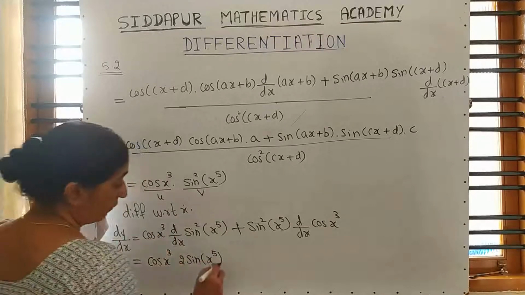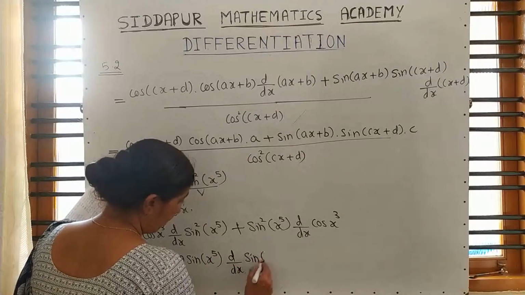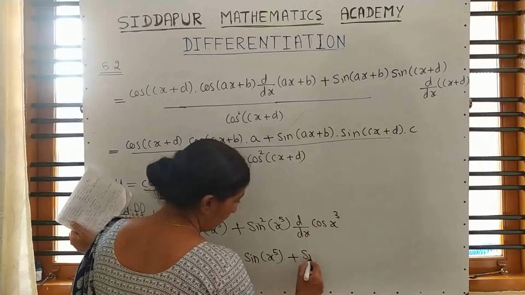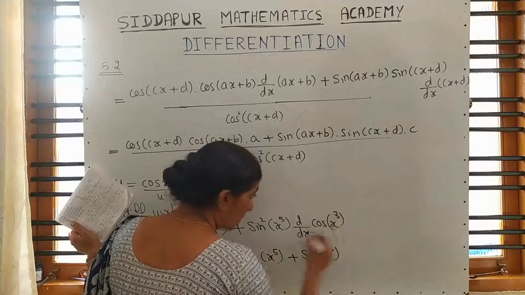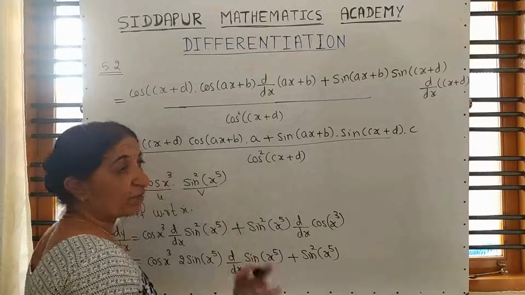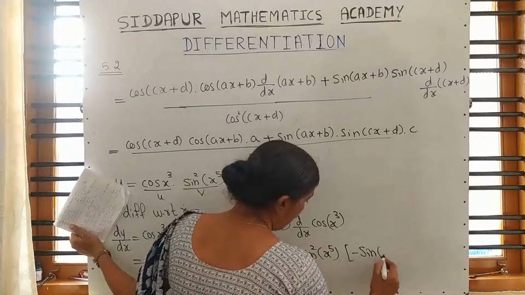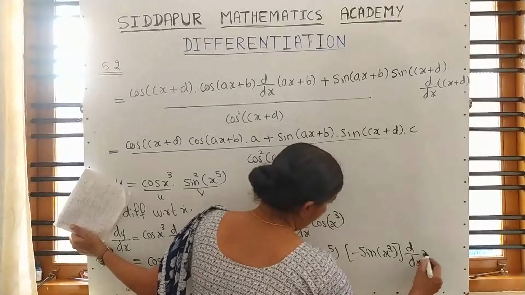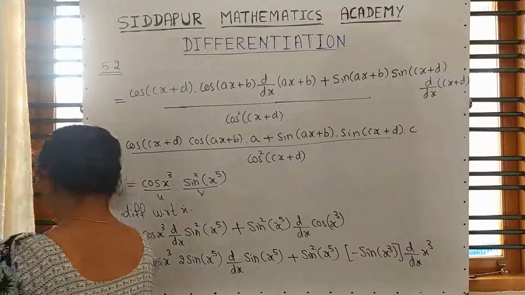That means first we differentiate the power, into differentiation of sin x raised to 5. That is the trigonometric term. Here sin square x raised to 5 as it is. See, this x cube is the angle. That means there is no power for cos. So what is the differentiation of cos? Minus sin x cube into differentiation of x cube. Please note it down carefully. We will come to know how we wrote.